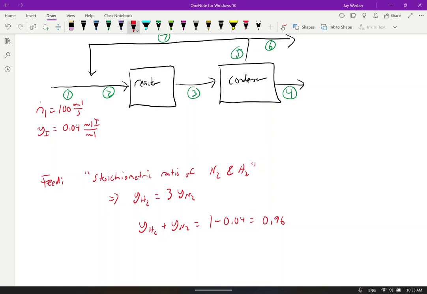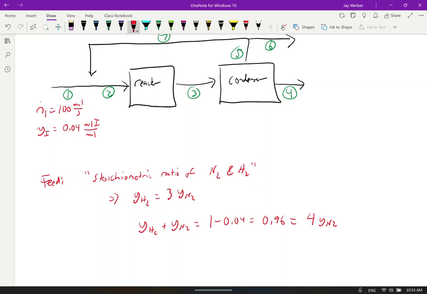All right. So we can plug this in, and we have 4YN2, correct?